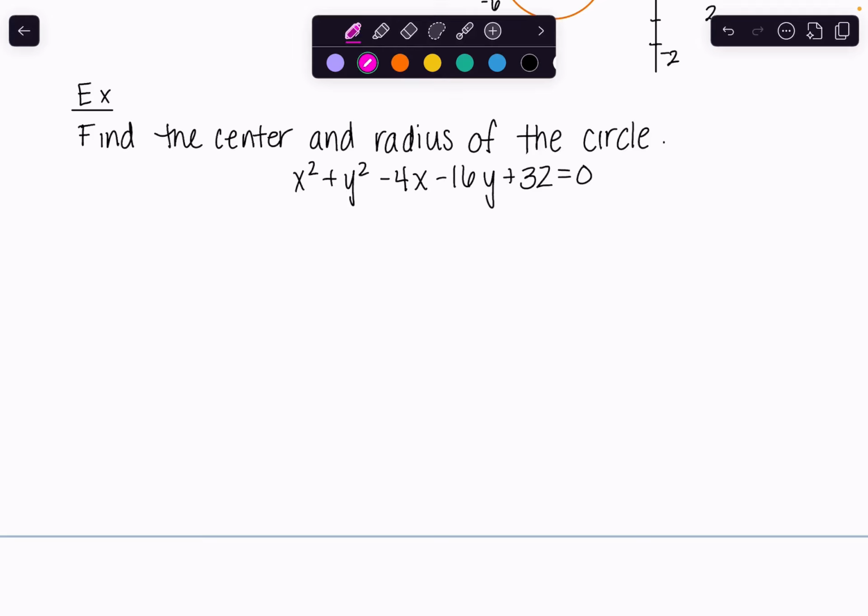So the very first thing I'm going to do is group my x and y terms, because they're not connected right now. And then we're going to move the constant to the other side, if it's not already.